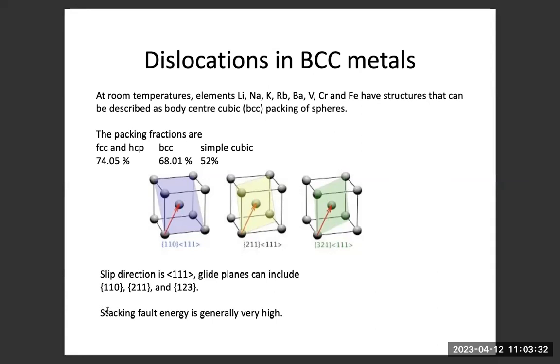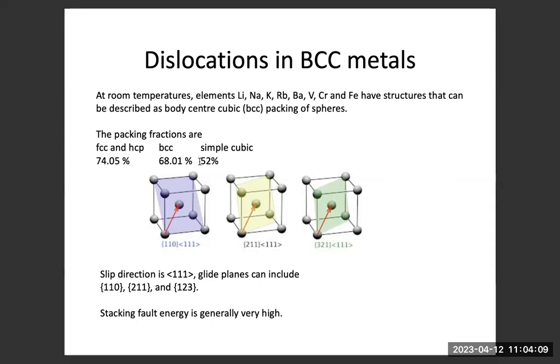It's very high, so we don't easily see the separation of dislocations. And once you check the atomic packing factor, BCC has a 68% atomic packing factor. So BCC is not close packed, unlike FCC, which is a close packed system. The BCC crystal structure is not close packed.